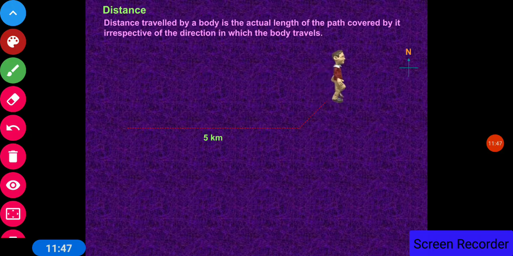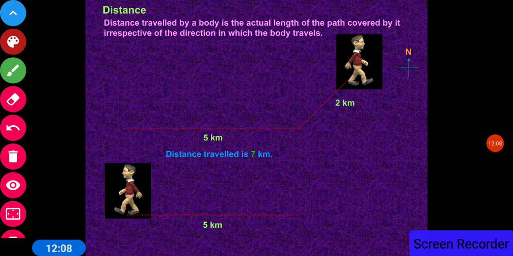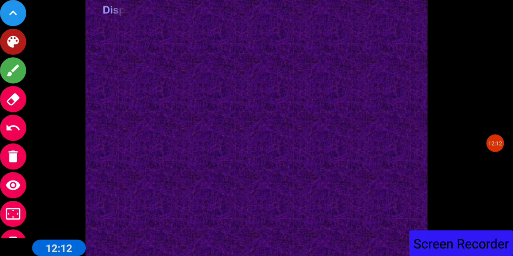Then he is moving in another direction, a distance equal to 2 kilometers. Then the total distance traveled will be 7 kilometers. Now the boy is moving straight towards east through a distance of 5 kilometers. Then he is coming back to his origin position. Then he is covering the total distance of 10 kilometers.